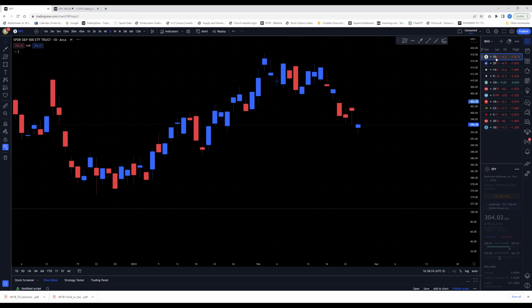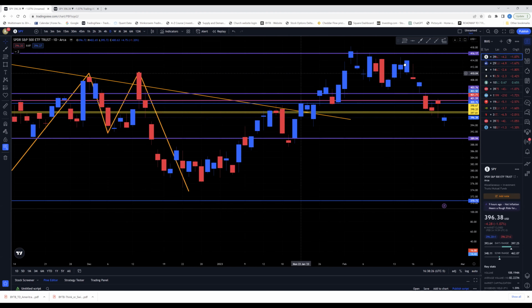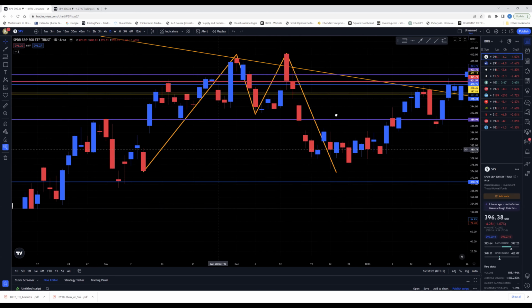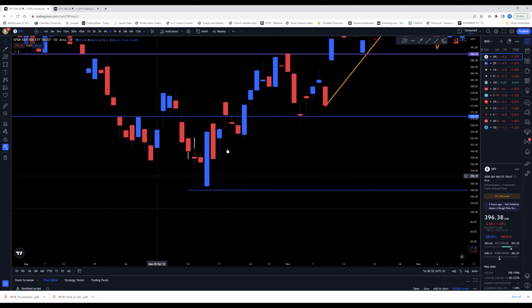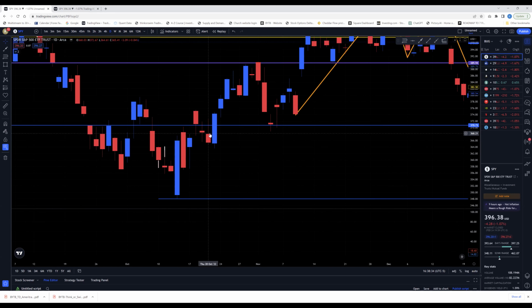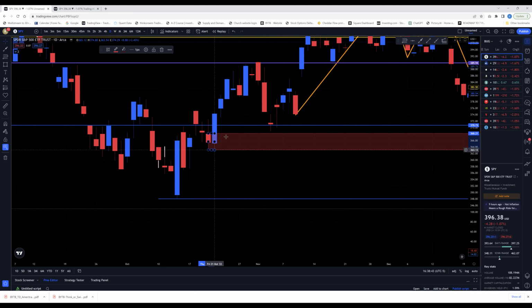Now, if I go to SPY, we know this market was uptrending here. If I draw a demand zone based on this basing candle and the wicks here, this is going to be a very strong area, because look how far this went before it ever came back to this zone.